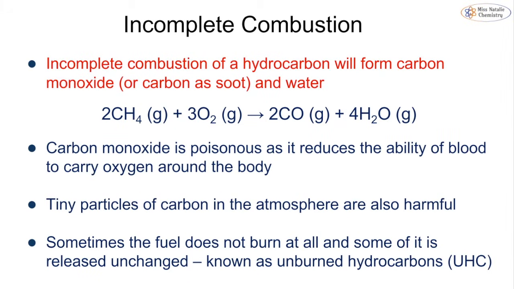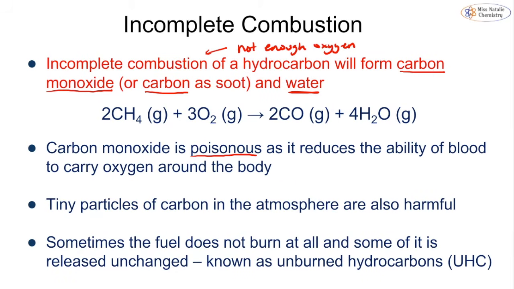Now, incomplete combustion is when we're going to form carbon monoxide, or sometimes just carbon on its own as soot, and again we make water. The incomplete combustion is because we have not enough oxygen. So we have a limited supply of oxygen. The biggest problem with this is that we're going to form carbon monoxide.